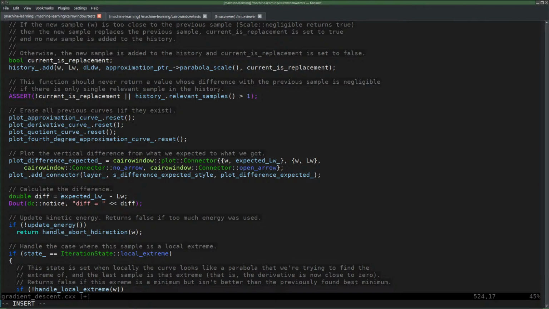Do this the other way around. Okay, I press caps lock, I think.